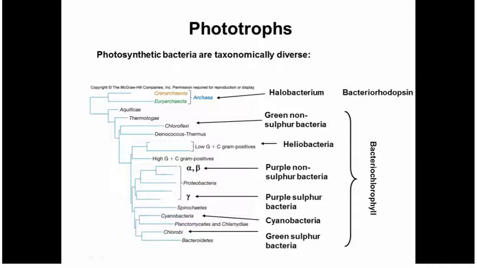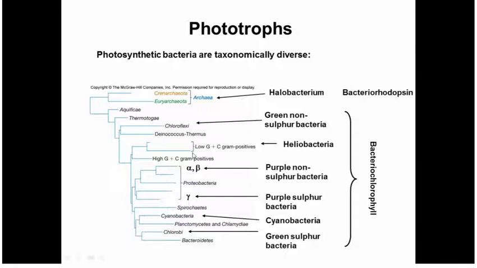Most photosynthetic bacteria are classical gram-negatives, but there are some gram-positive photosynthetic bacteria, and chloroflexi are in a kind of unusual group, a little bit further away from classical gram-positives and gram-negatives.